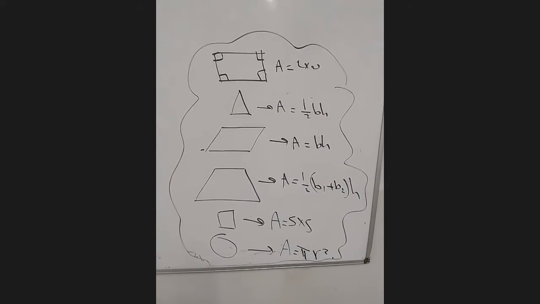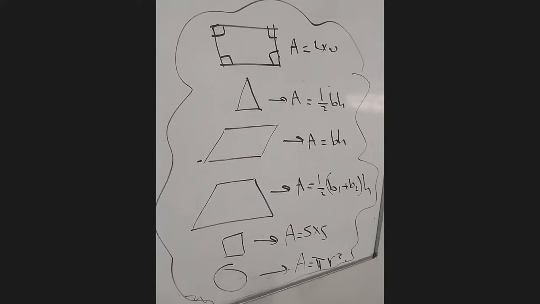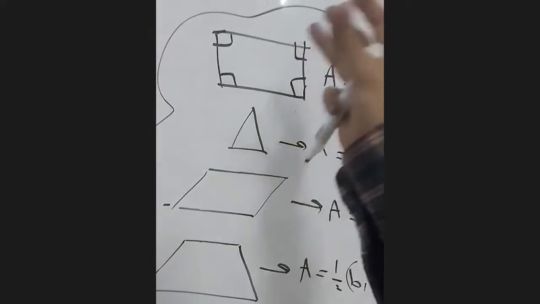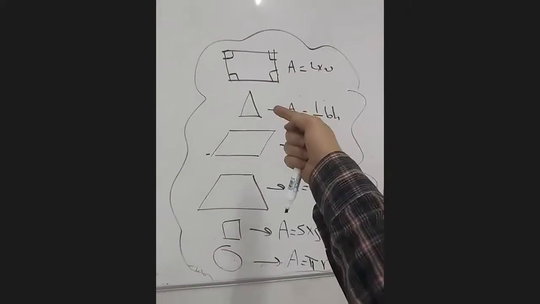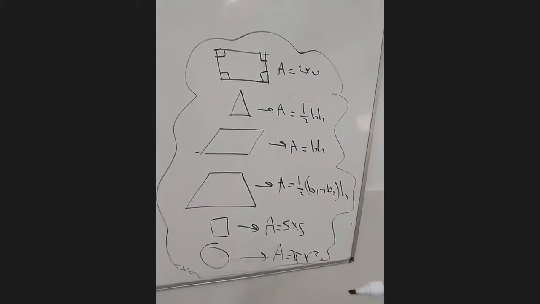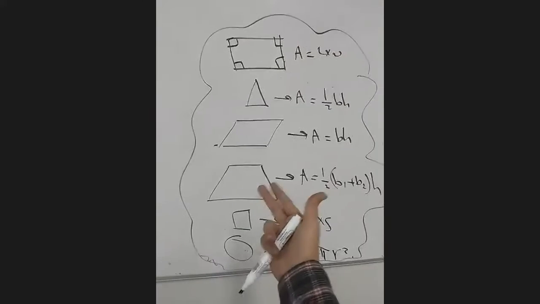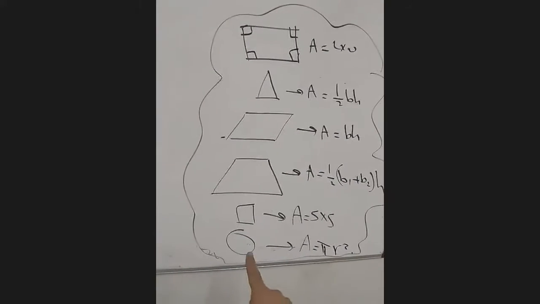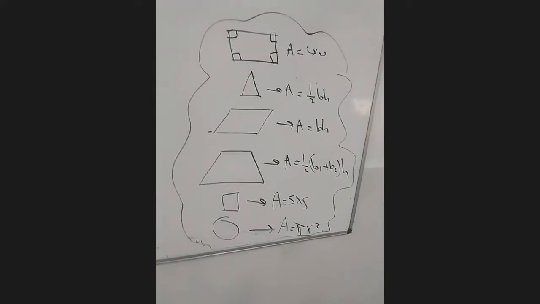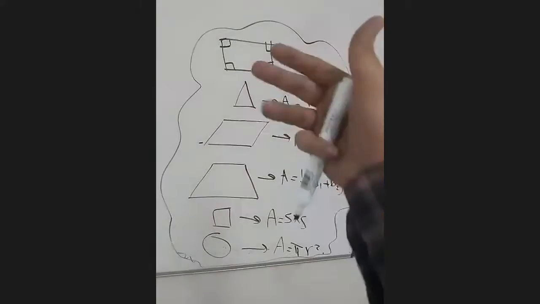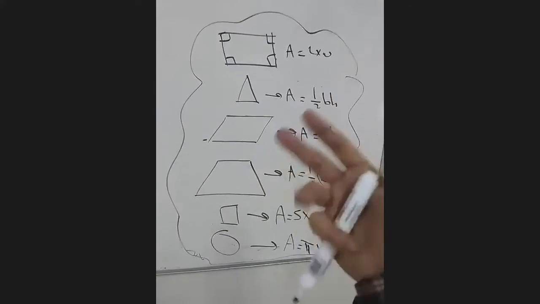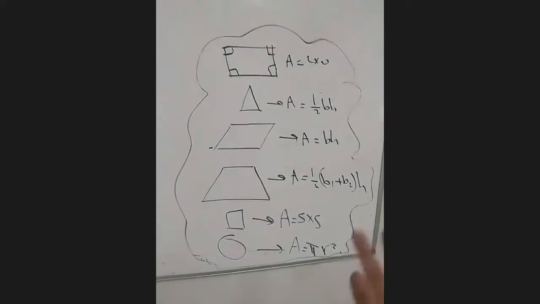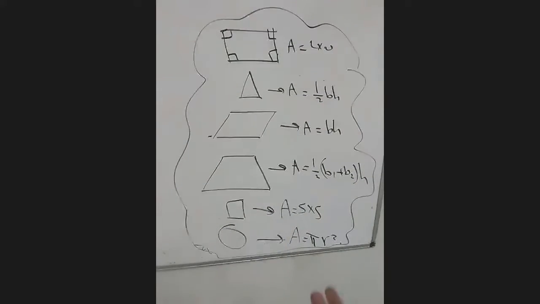Now, for the composite figures, we will put, for example, this with this, or triangle with square, or rectangle with a trapezoid, or circle with parallelogram. Got it? If we put two figures together, now we call it composite figure. Composite means more than one.